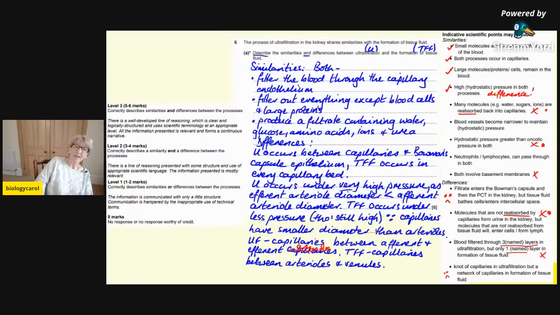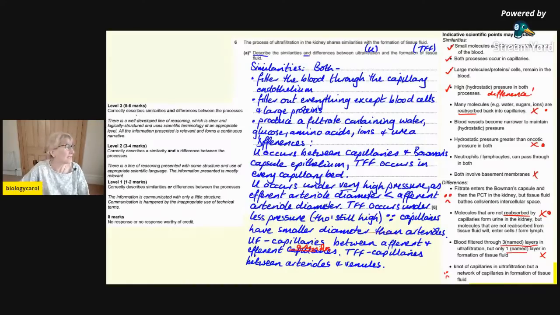Anyway, then I looked at this bit, and I suddenly realised I really didn't have too much to worry about, because level 1 correctly describes similarities or differences. Well, I'm all right on that. Level 2 correctly describes a similarity and a difference, one for each.